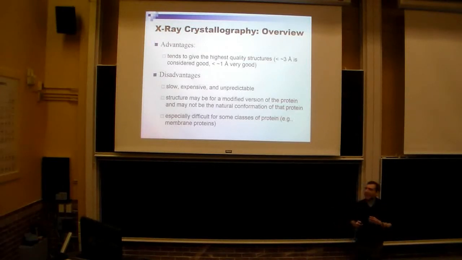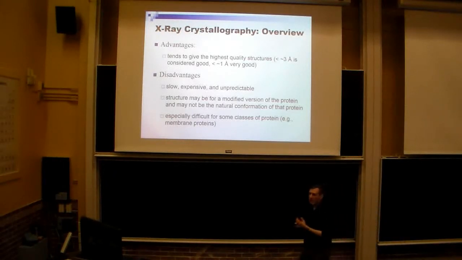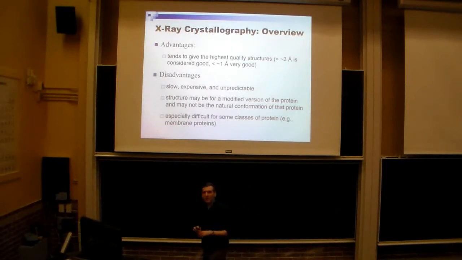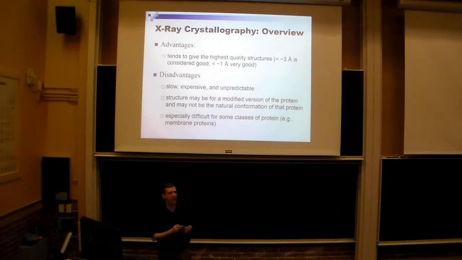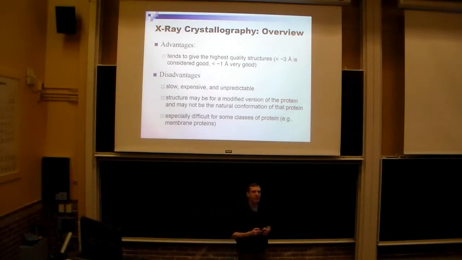So generally, it's going to be hard to, let's say, get a membrane-bound protein to go into a crystal structure. Some membrane-bound proteins are very underrepresented in our structure databases. And in general, the structure databases are very biased with respect to crystal structures towards things that are easy to crystallize. Any questions about X-ray crystallography before we move on?